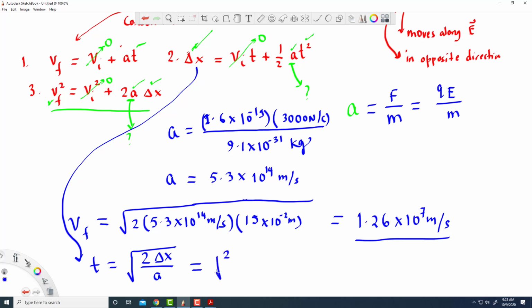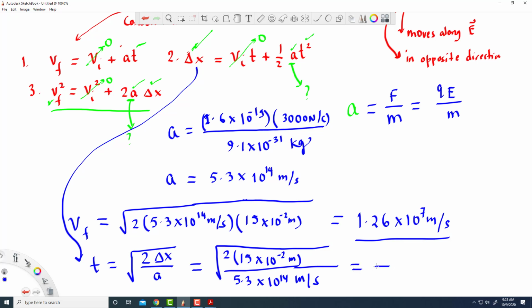Two times delta x, 15 times 10 to negative 2, and a is, we just found that, 5.3 times 10 to 14 meters per second squared. That is in seconds. Okay.